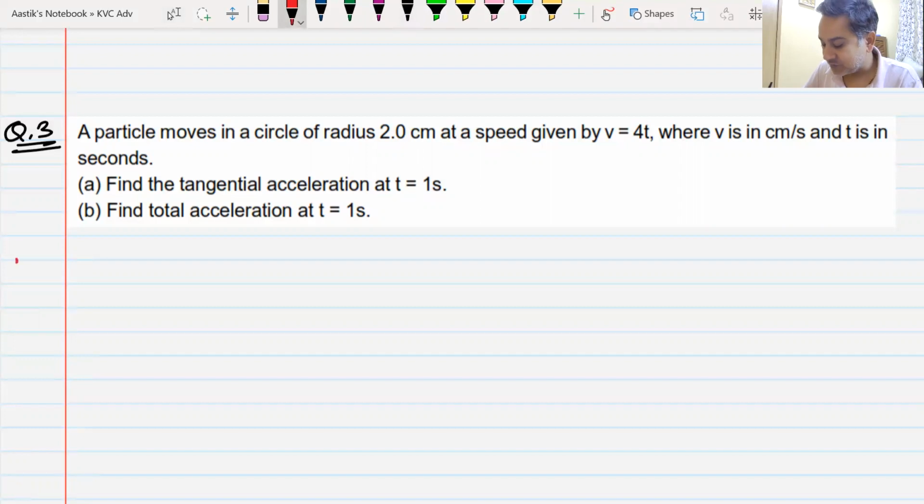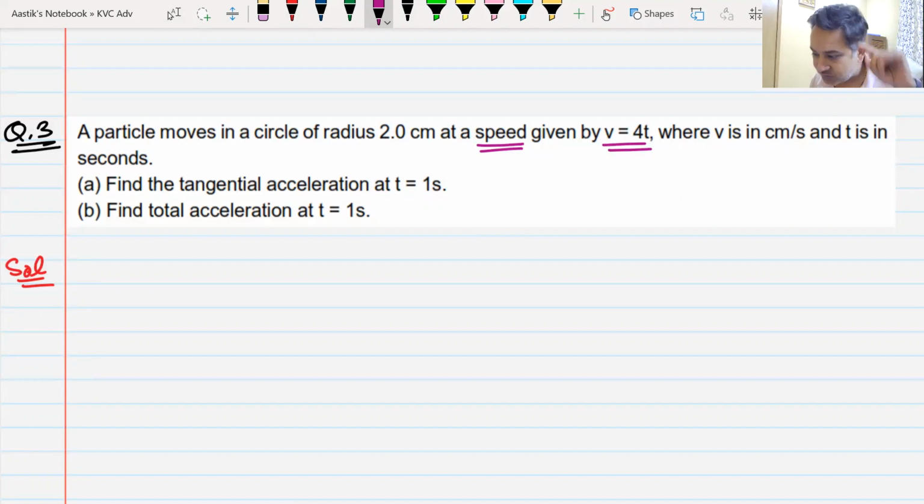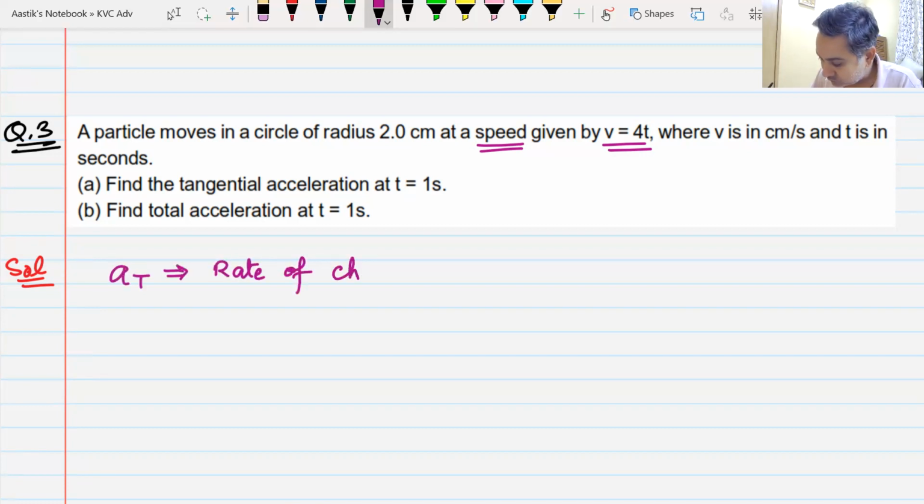Okay, so how are we supposed to do this? Remember, this is speed. Speed is given. Now, there is only one acceleration that can change your speed. And what is that acceleration? That is your tangential acceleration. You can also call tangential acceleration the rate of change of speed.